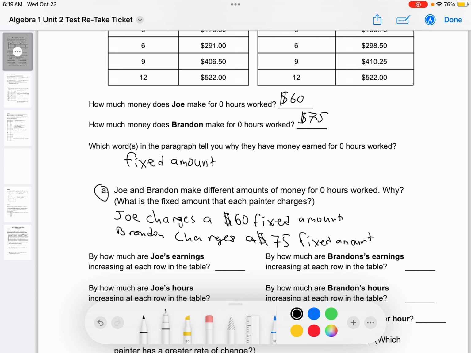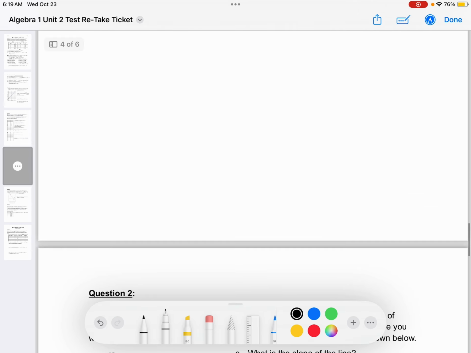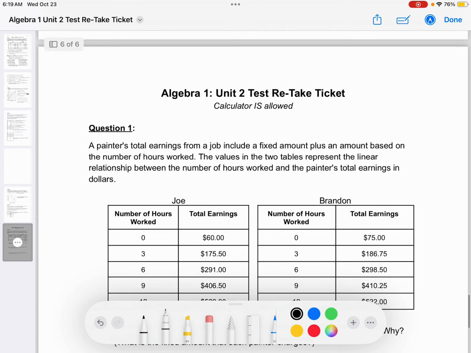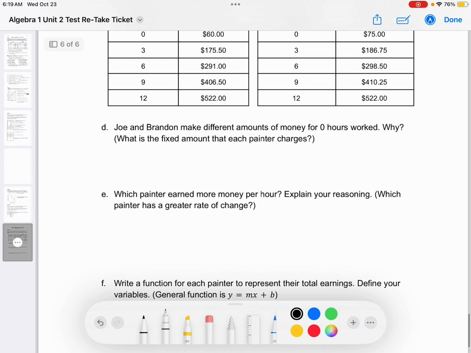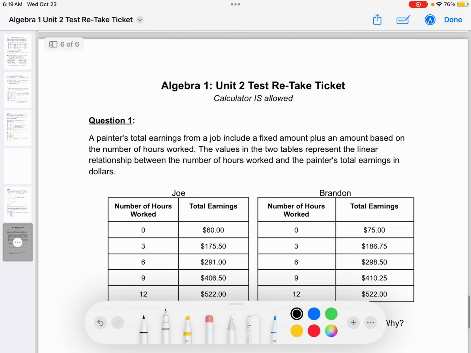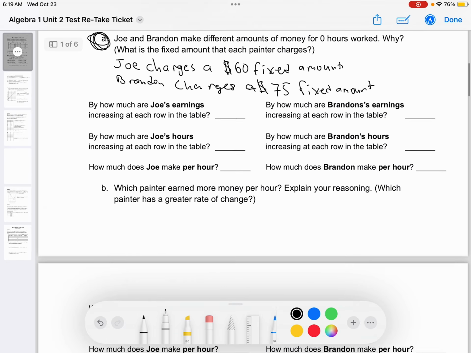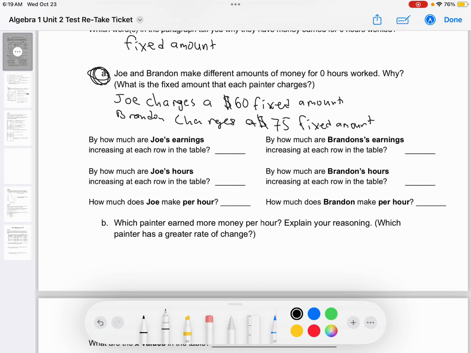Now, once you have this answer filled in from question A, go down to question A on the second part. It looks like the letters got messed up, but this would be question A right here. And answer it the same way. So here we said that Joe charges a $60 fixed amount and Brandon charges a $75 fixed amount.